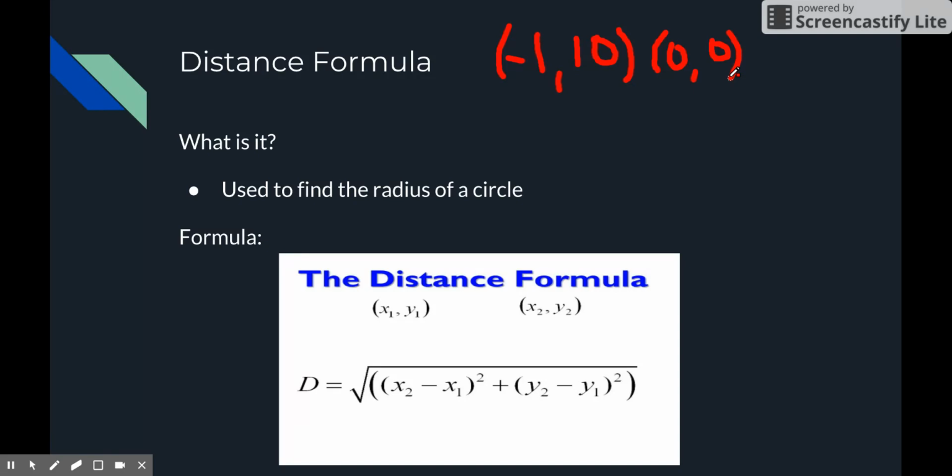Simplify that, and you have the square root of 101. Now you don't need to find the square root of 101 because the radius is r squared, so r squared is just 101.